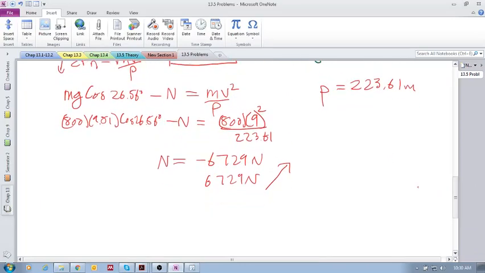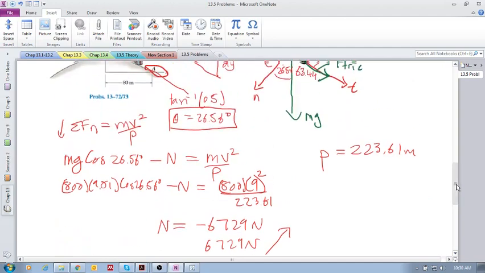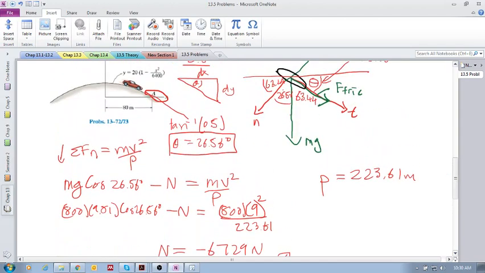What's next is the sum of the forces in the tangential direction, which is m a_t. Again we've got our friction force, but we also have the weight, which contributes in the tangential direction.